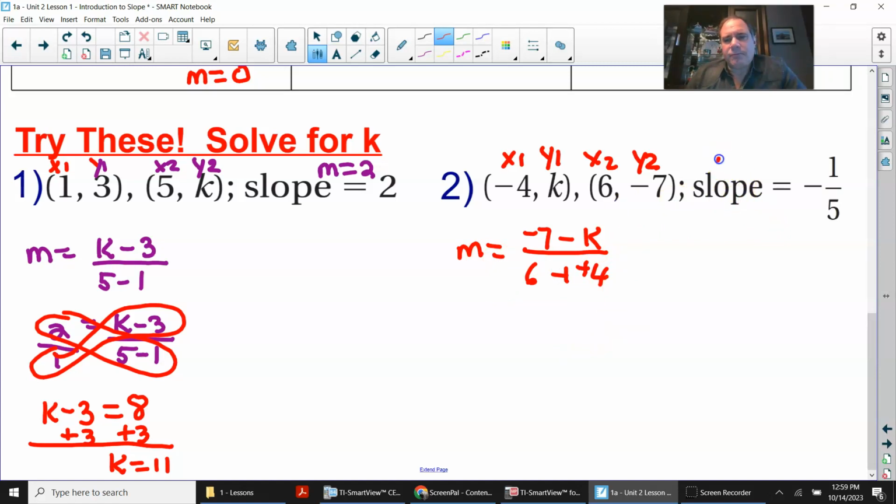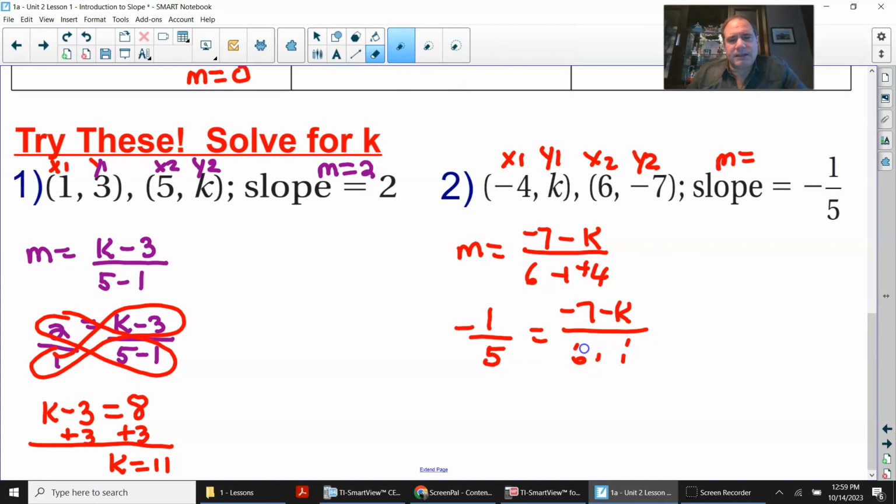Instead of m, we're going to put this -1/5 as the m, -1 over 5. So we don't even have to change it into a fraction. It's a fraction already. -7 minus k over 6 plus 4. And instead of 6 plus 4, I'm just going to go ahead and put it in as 10. 6 plus 4 is 10.